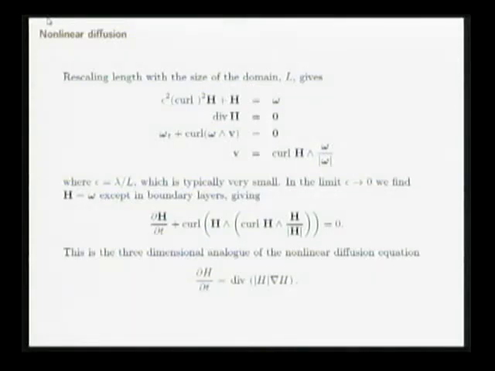So I'm assuming that the derivative of h is not large and epsilon is small, and so this term together is small. And that's a natural assumption: if you have a sample of size 1, you'd expect h to vary on a length scale of order 1.